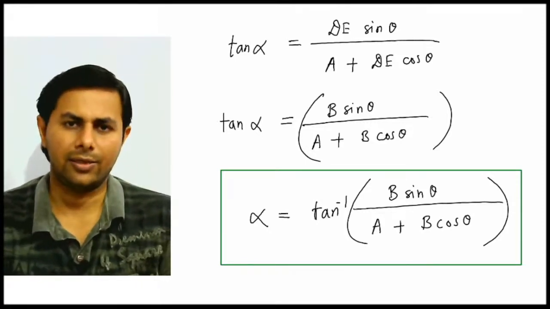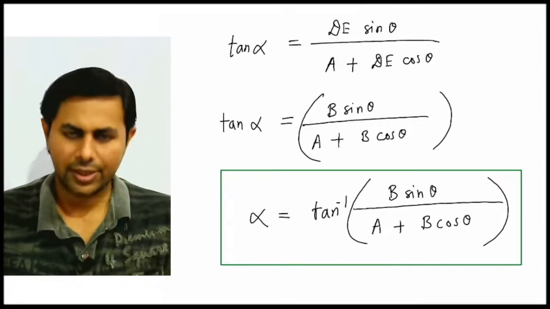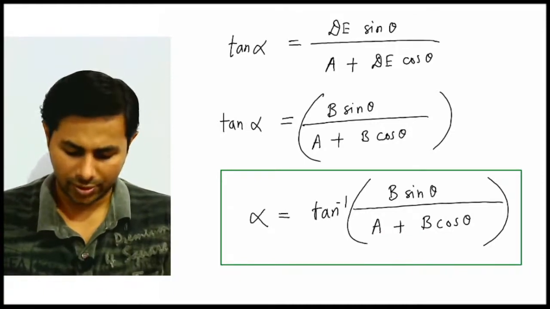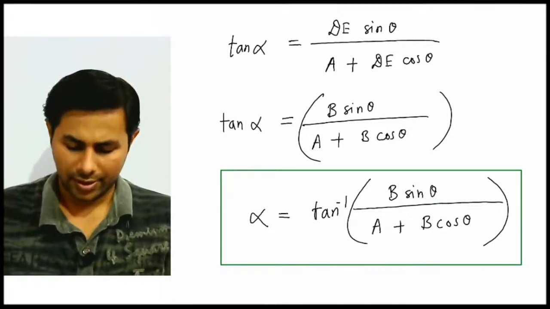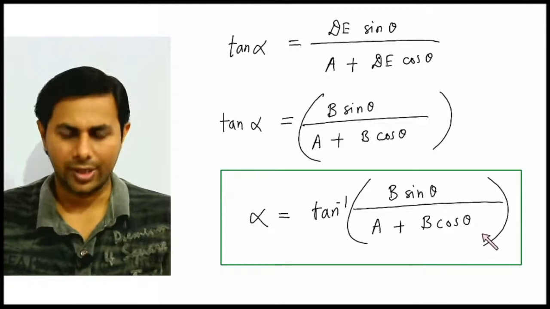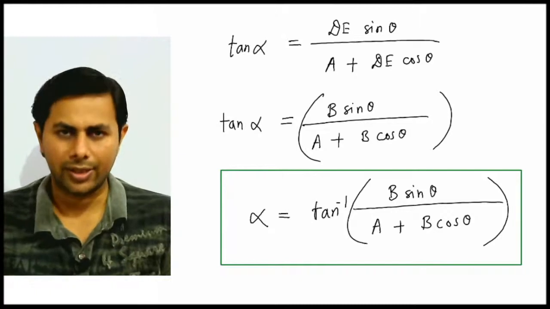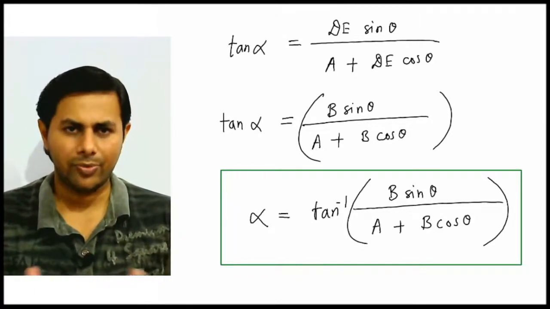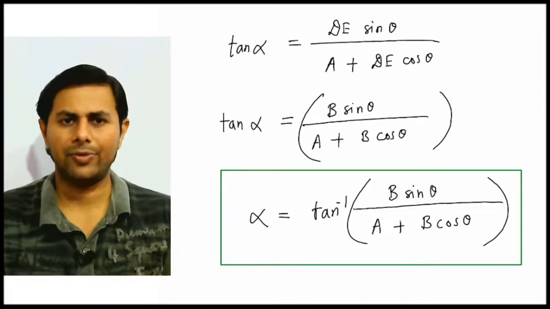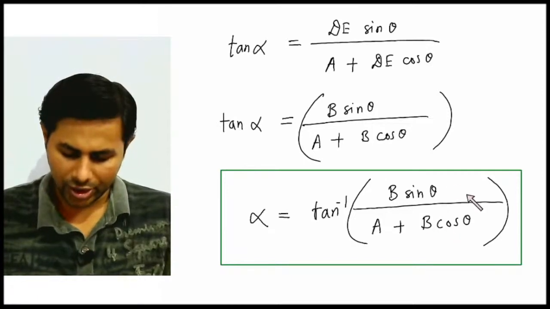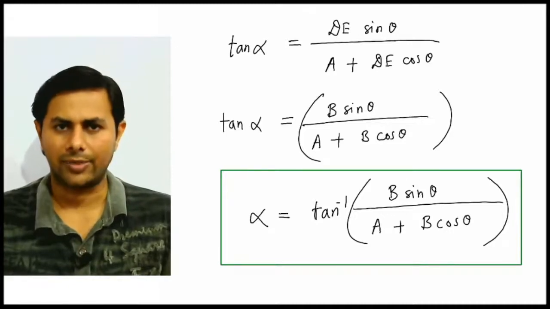That means we got the direction of r bar in terms of magnitudes and direction of a bar and b bar. So alpha equals tan inverse of b sine theta divided by a plus b cos theta, where a and b are magnitudes of a bar and b bar, and theta is the angle between them. This is our initial information: two vectors a bar and b bar, A and B are their magnitudes and the angle between them is theta. Given that initial information, we found the magnitude and direction of the resultant vector r bar.